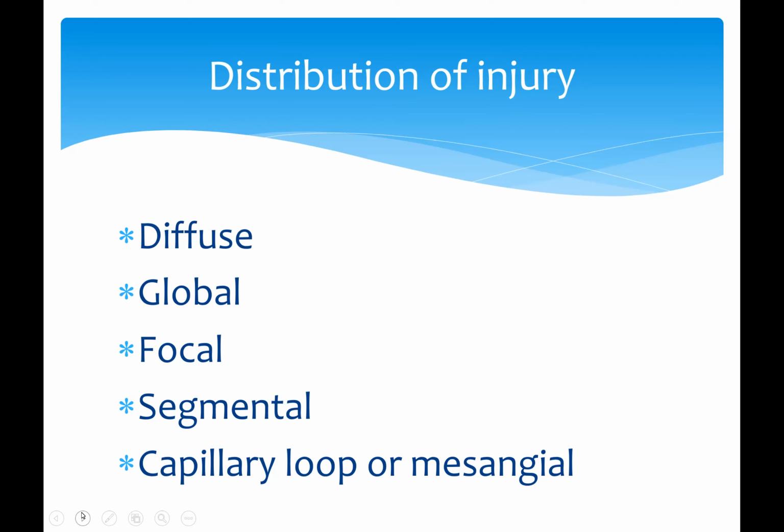So again, observe the four changes: hypercellularity, basement membrane thickening, hyalinosis, and sclerosis. Once you see that, look at the pattern. Is it diffuse? Is it global? Is it focal? Is it segmental? Is it capillary loop or mesangial?